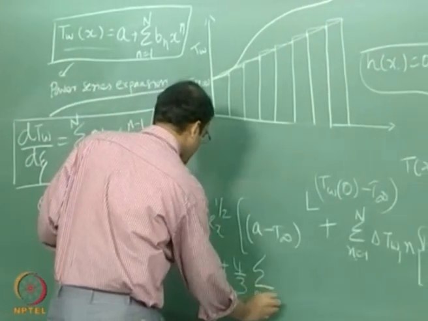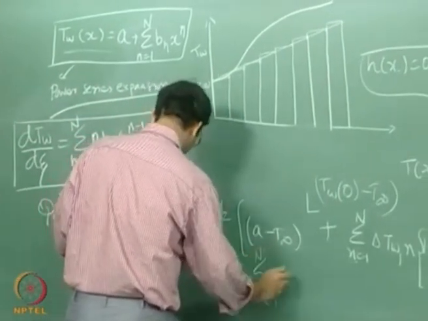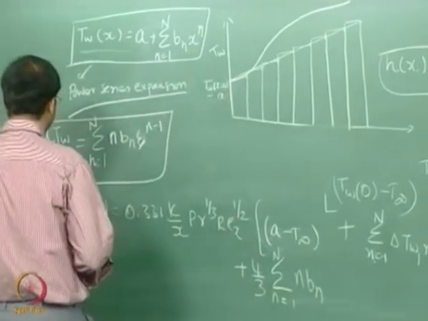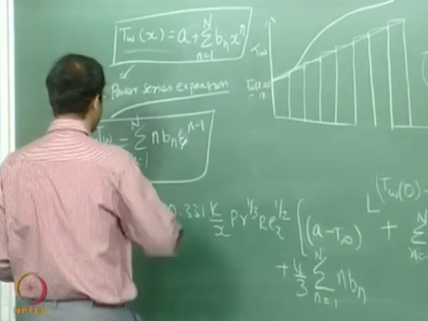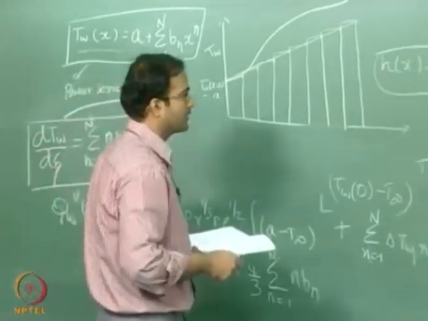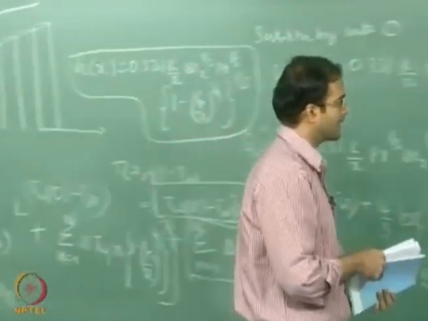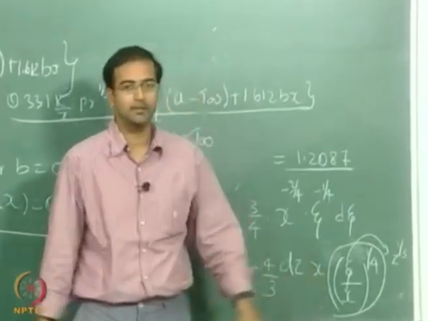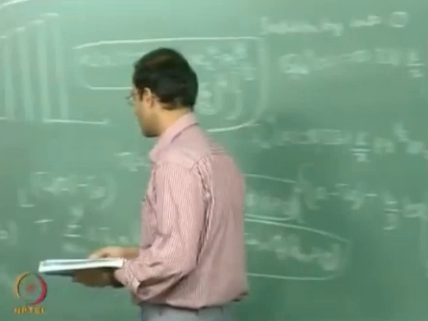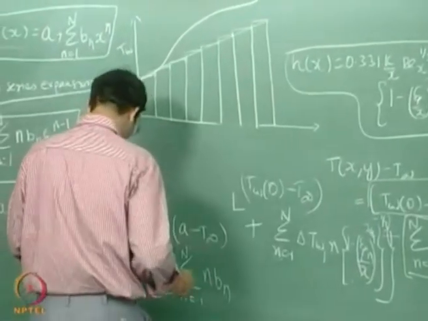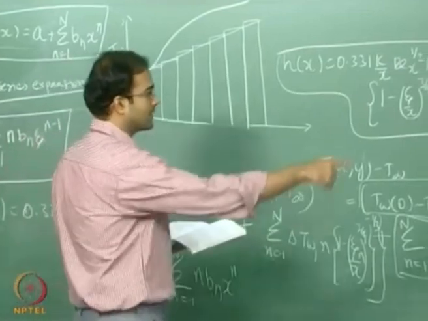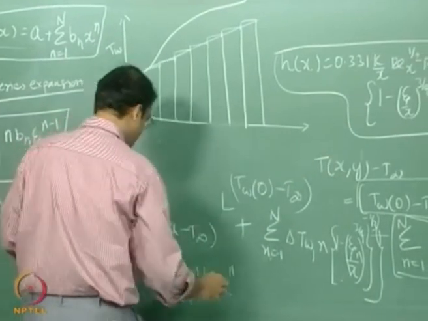So n equal to 1 to N, you have n B n. This will be x power n minus 1, into, there will be an x which will come out of the transformation, so that will give you x power n. Into the beta function, which will be there as it is.